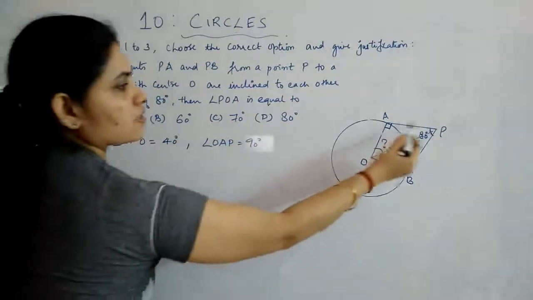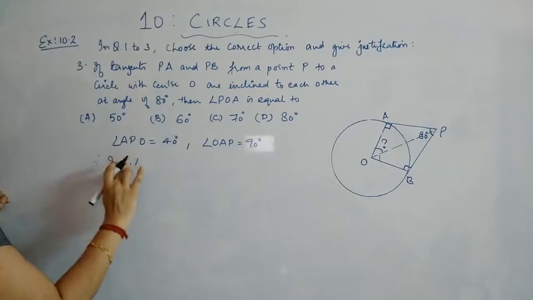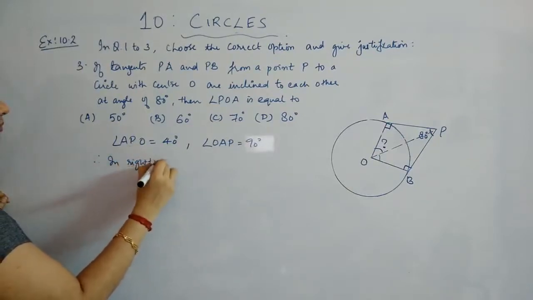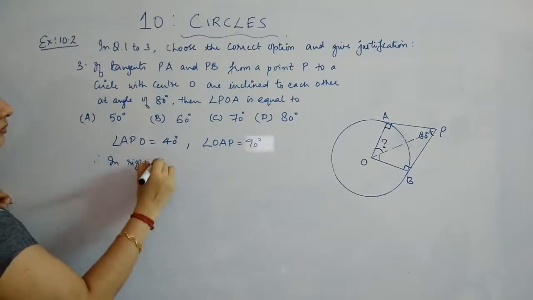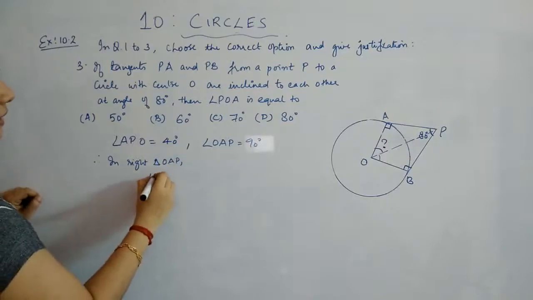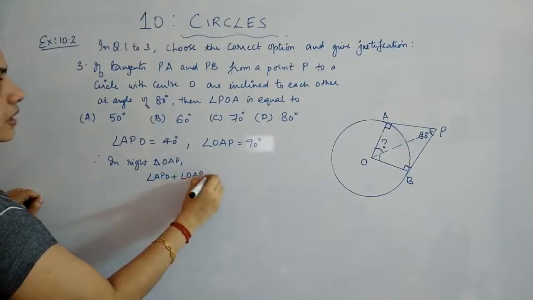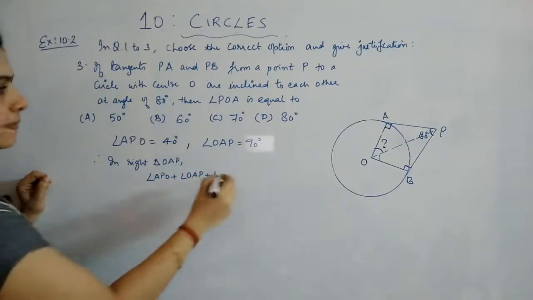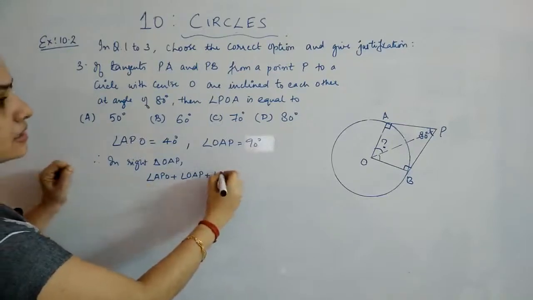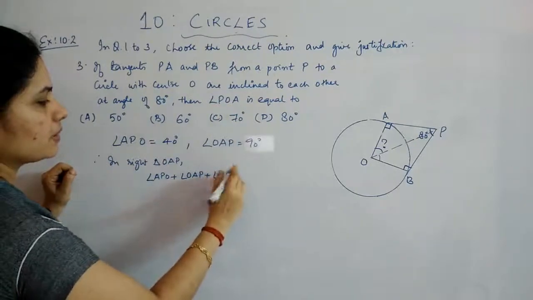Now considering this triangle alone, that is a right triangle again, in right triangle OAP, you will have angle APO plus angle OAP plus angle AOP or POA you can write.